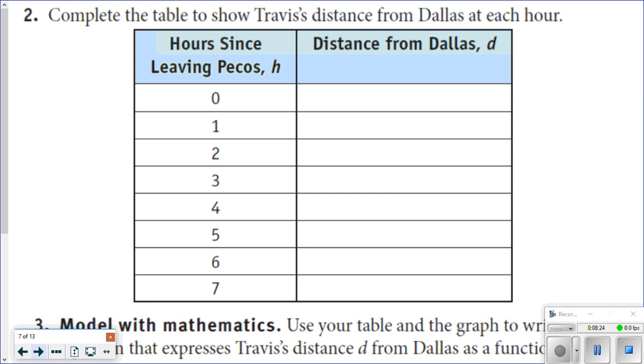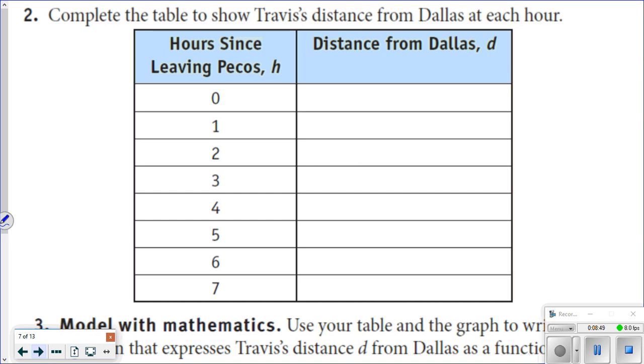Question 2. Complete the table to show Travis's distance from Dallas at each hour. Hours since leaving Pecos is your first column and it's filled in for us. We want the distance from Dallas. So if our hours are 0, he's still at Pecos.